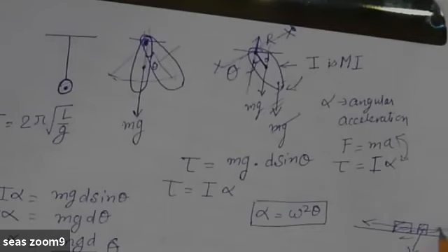Okay. So alpha is also equal to omega square theta. So if we compare these two expressions, we can find that omega is equal to under root mgd by I.